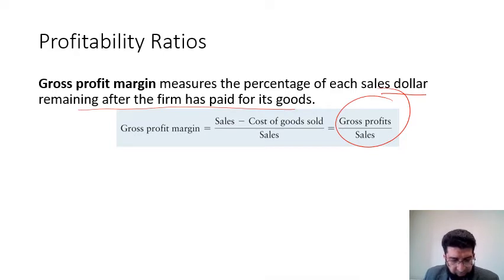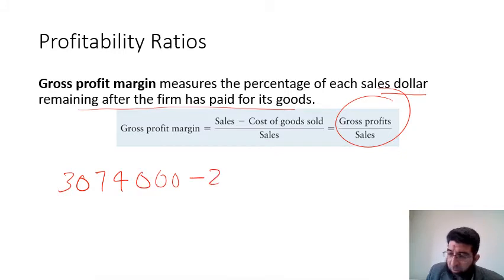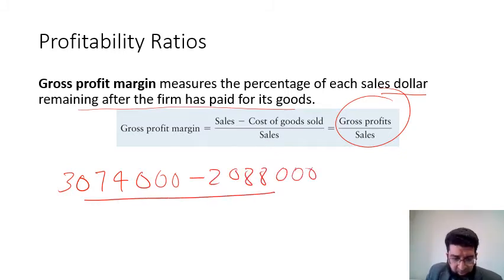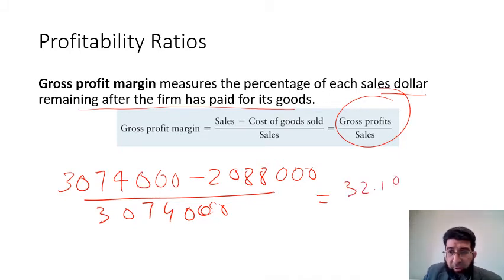In this case, for XYZ company, we have 3074 minus 2088000, divided by 3074, and it comes out to a total of 32.1%.